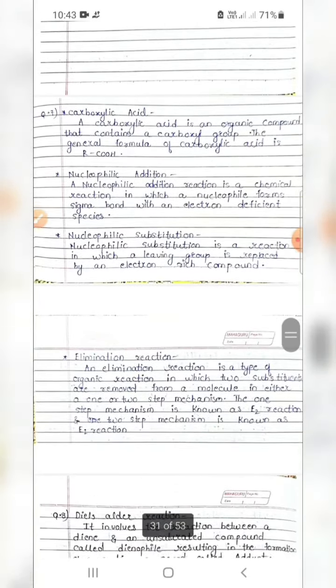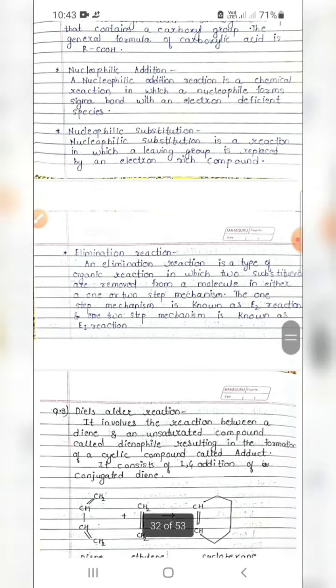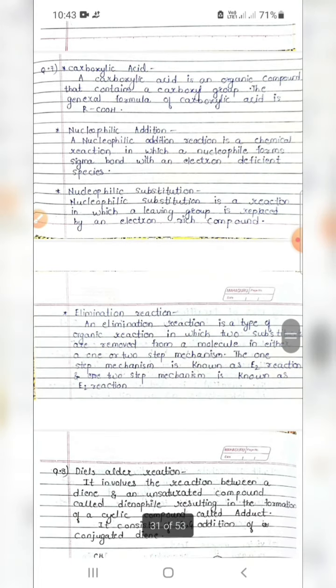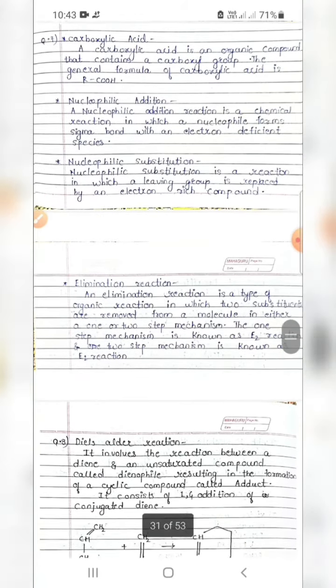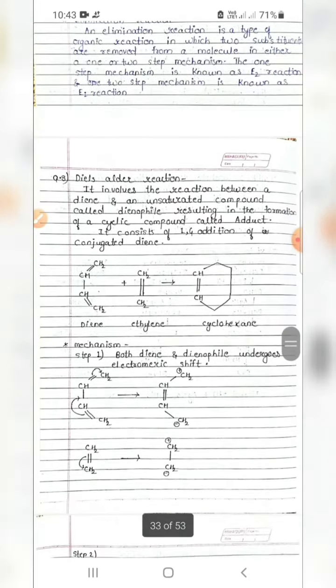So 7th question, that is definitions. So you have to define carboxylic acid, nucleophilic addition, nucleophilic substitution and elimination reaction. It will be asked for 2 marks. Define those terms, so you have to do that.